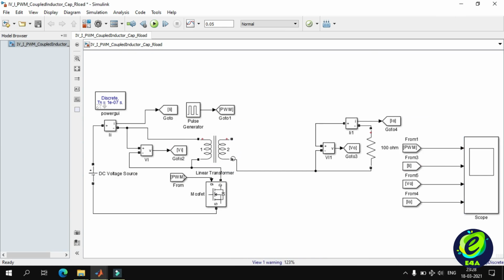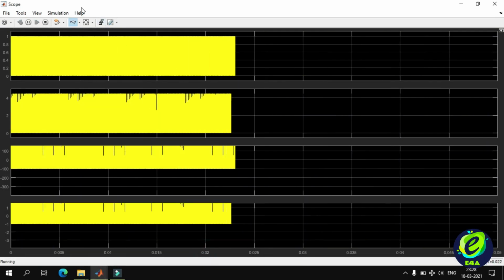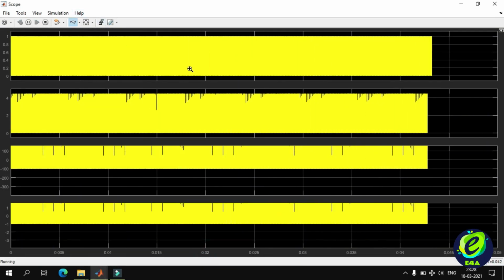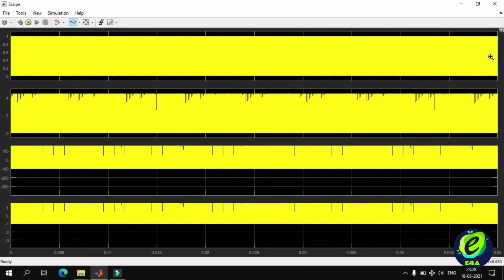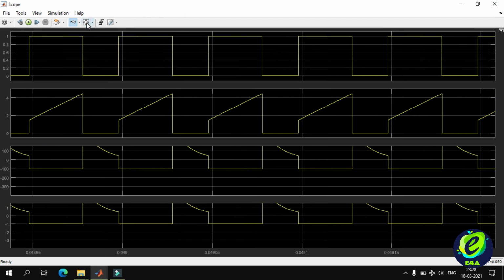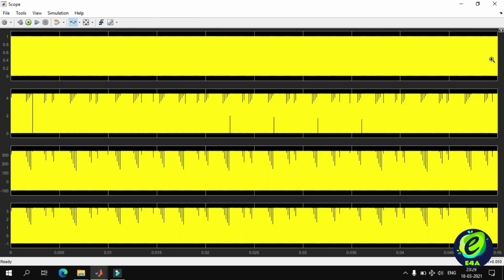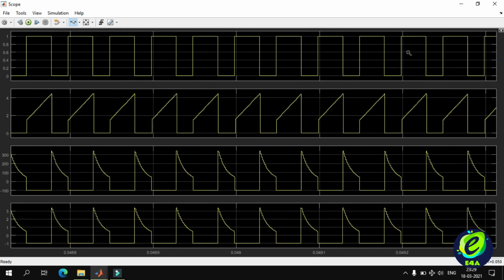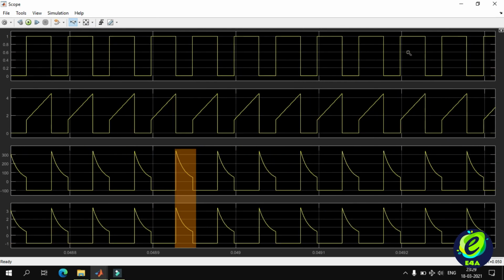So let us do that and change the winding terminals. As we can see, the output voltage and output current have become positive now.